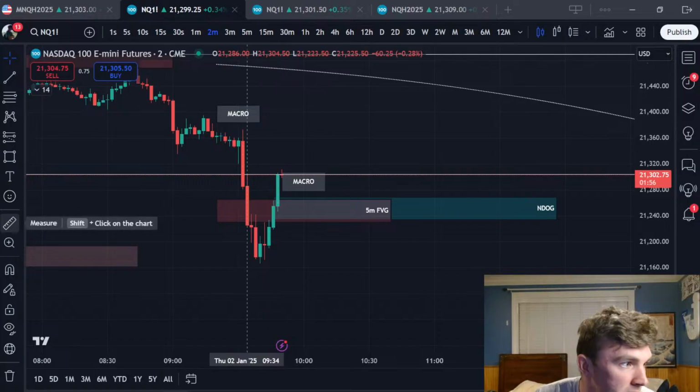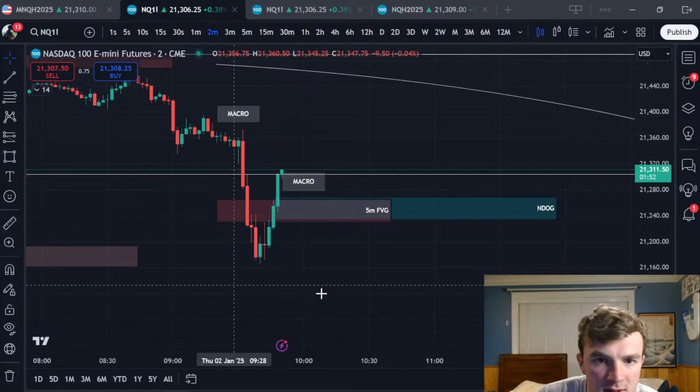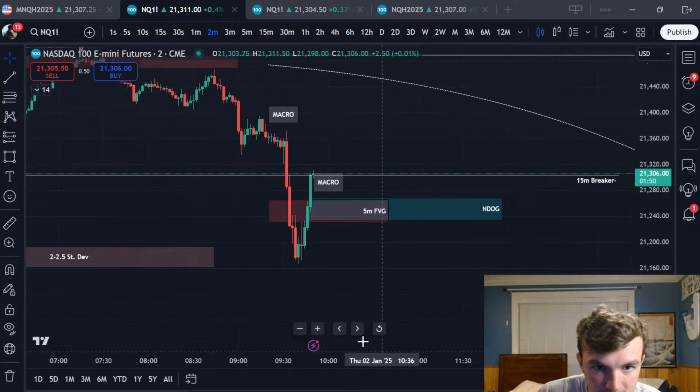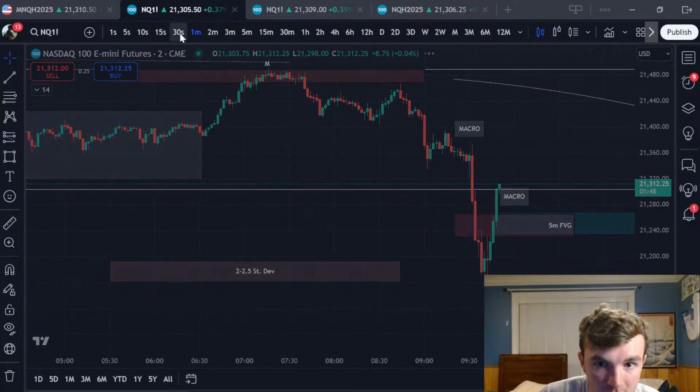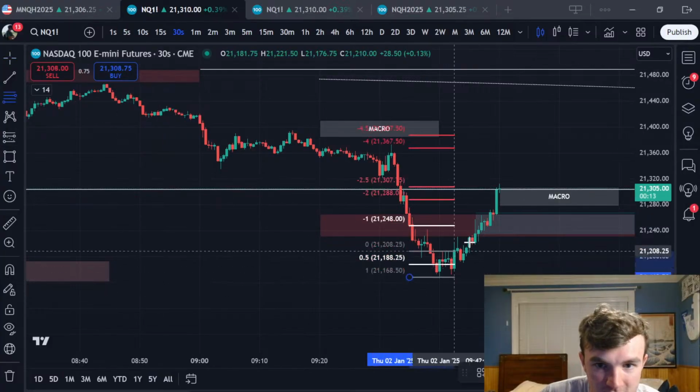Accelerating up right now. We have equal highs on the S&P. Just out of curiosity, I'm going to measure this.